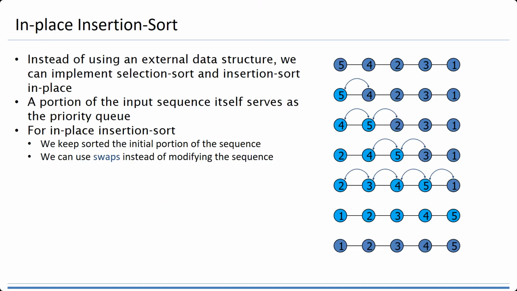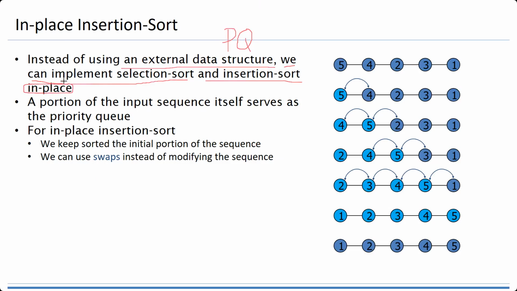For the last one, it is the in-place insertion sort. So it is just to swap. Instead of using the external data structure, which is the priority queue, we can implement the selection sort and insertion sort in place.